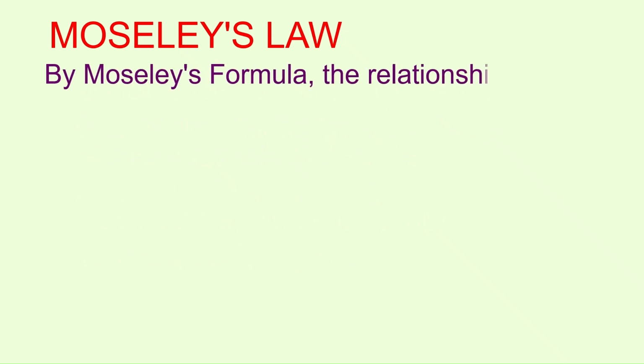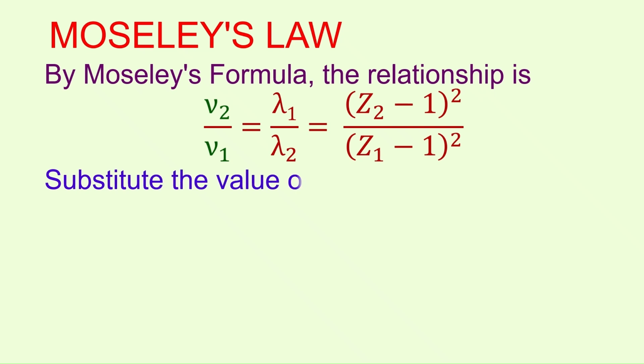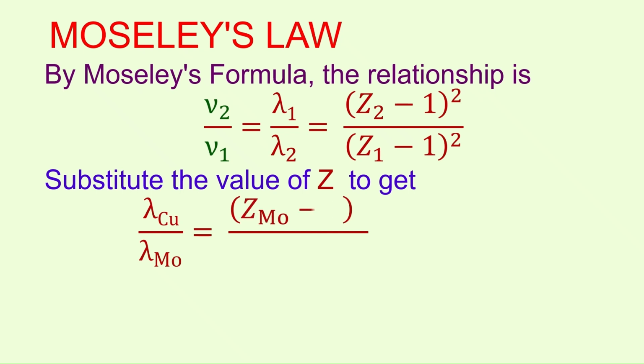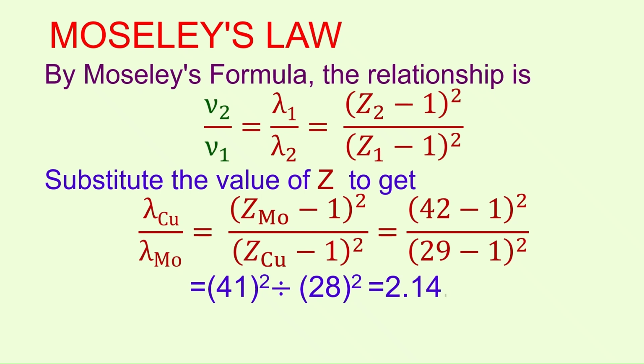The relationship is nu2 divided by nu1 equals lambda1 divided by lambda2 equals (Z2 minus 1) squared divided by (Z1 minus 1) squared. Substituting the values of Z, lambda Cu divided by lambda Mo equals (Z Mo minus 1) squared divided by (Z Cu minus 1) squared equals (42 minus 1) squared divided by (29 minus 1) squared equals 2.14.